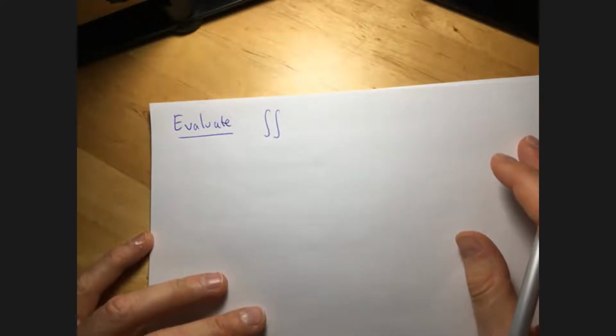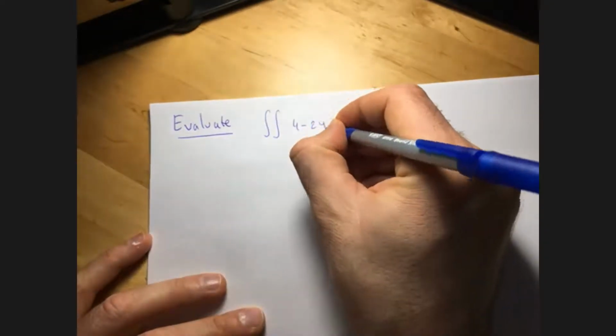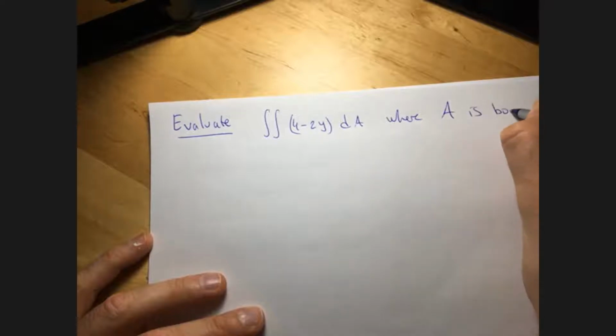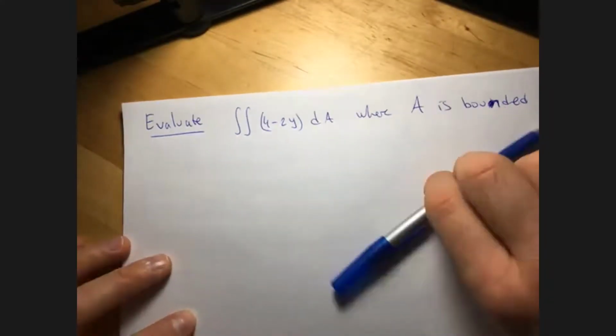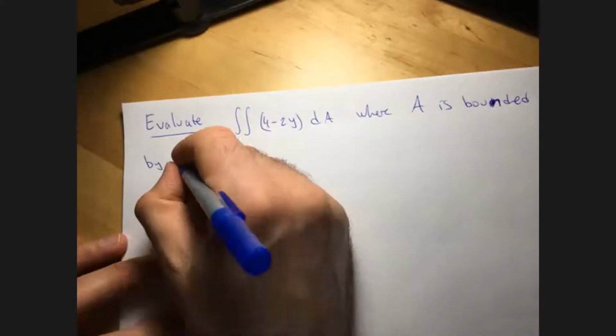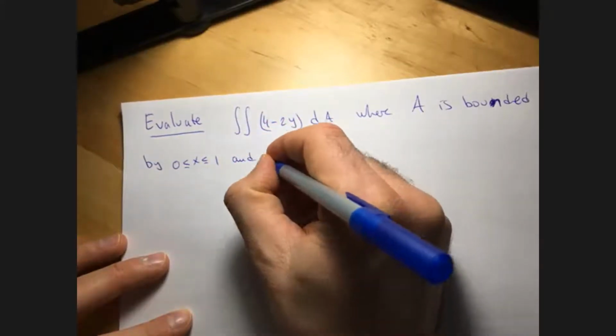So for example, we have to evaluate the double integral of 4 minus 2y dA, where R is bounded by x between 0 and 1, and y between 0 and 1.